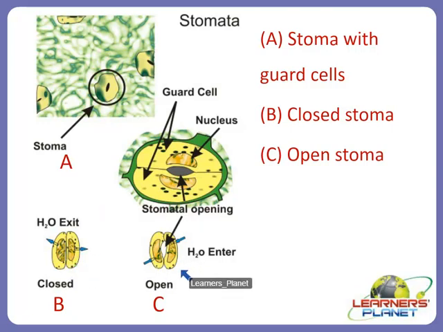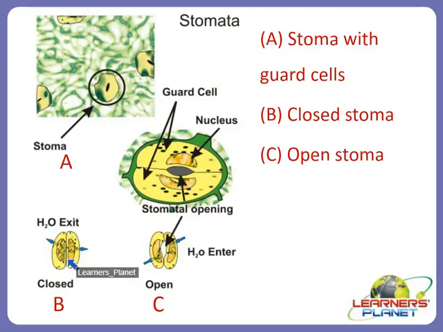So what actually happens when the stoma is closed, the water exits, and when the stoma is opened, water enters. So when there is enough light and water, the guard cells swell up and curve away from each other, and it opens the stoma so that the water can enter.